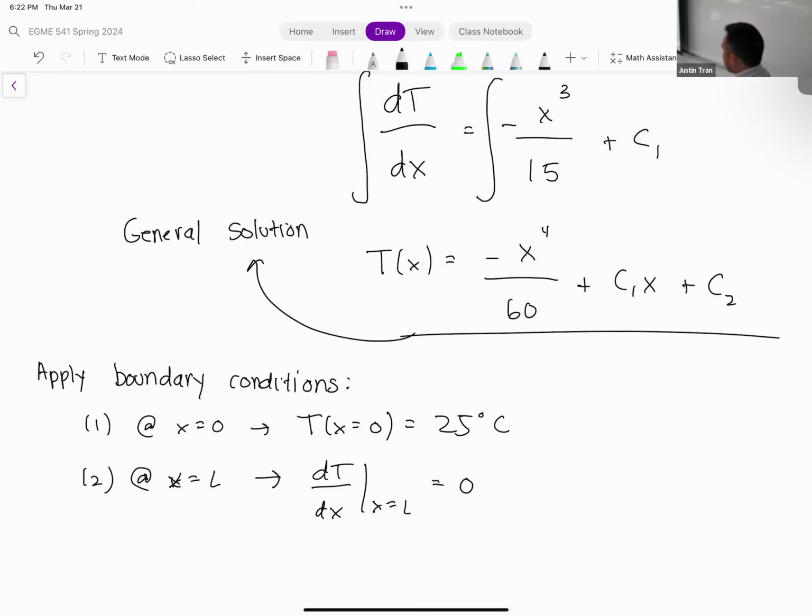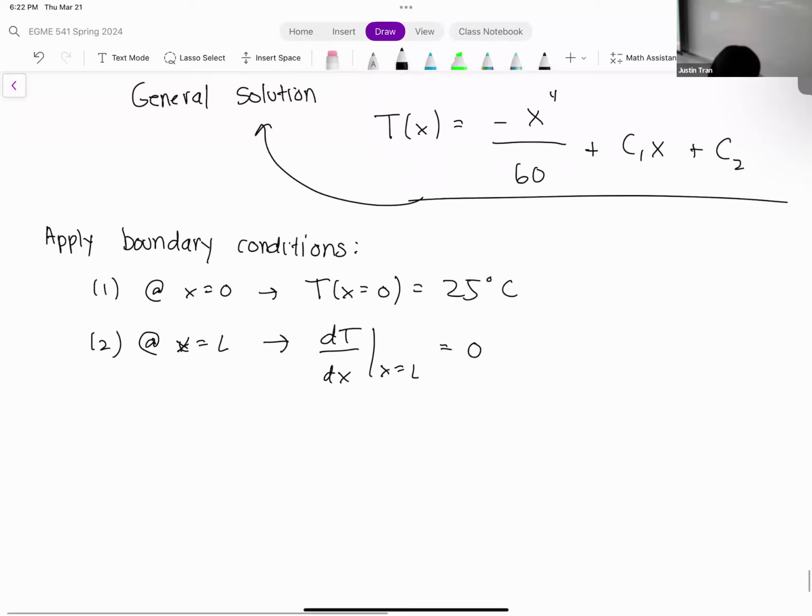All right. So let's use these two equations to solve for our constants C1 and C2. Okay. All right, so let's start with the first boundary condition here. So we'll take our solution and plug in x is equal to 0.